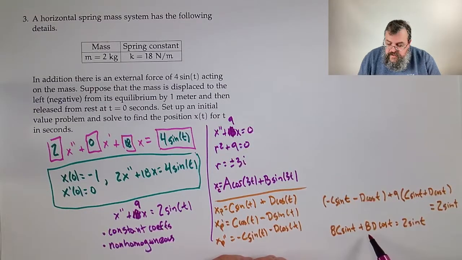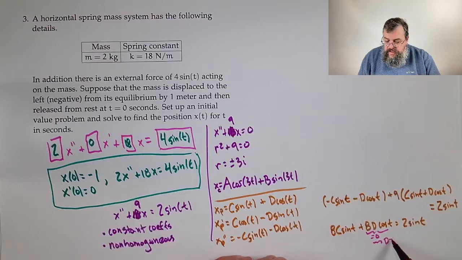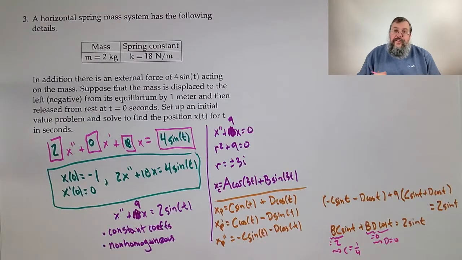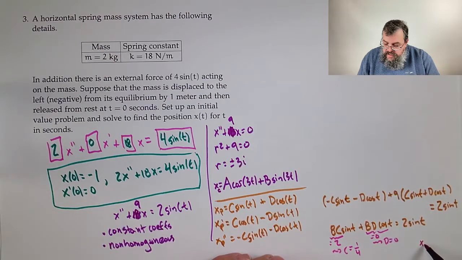Notice there's no cosine t over here, so that says that this part needs to go away. The only way that can happen is if d equals 0. Now, the sine t's have to match, so that says that the 8c has to equal 2. Okay, so that tells us c has to equal 2 over 8, which is 1/4. And so the conclusion is that our particular solution is 1/4 times sine of t.